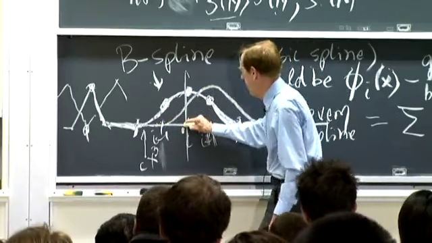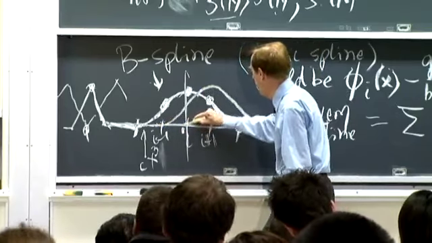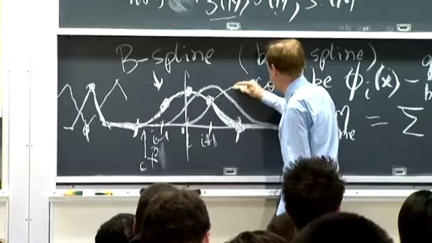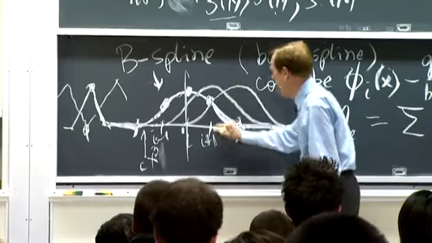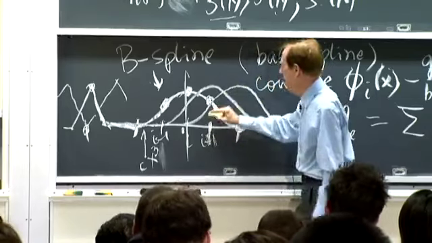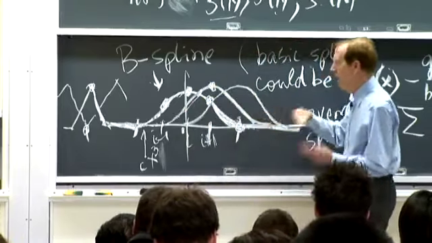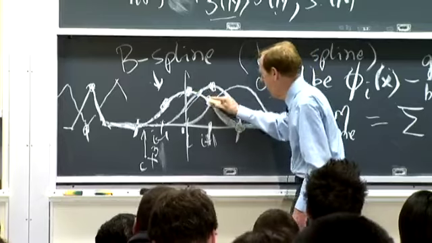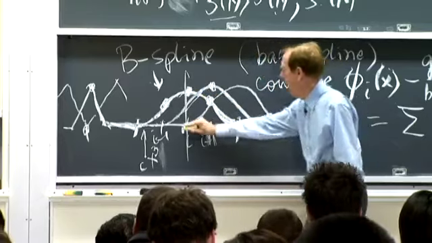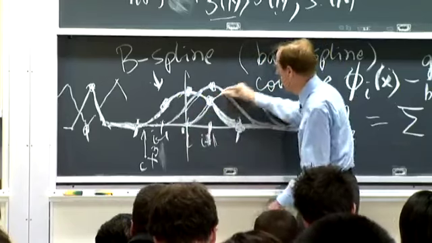There'll be the B-spline starting from here, going up to here, and so on. So at a typical node, I'm getting the one centered at that node, and also the one to the left, which is on its way down, and also the one to the right, which is on its way up.